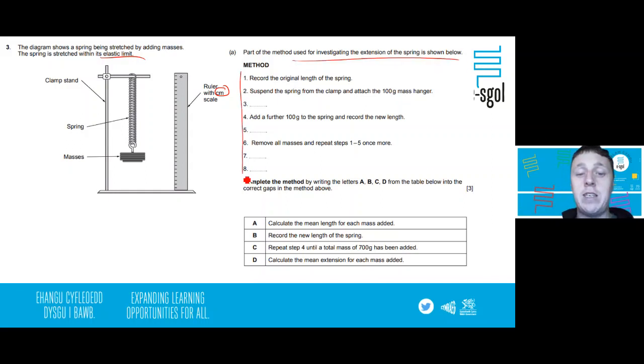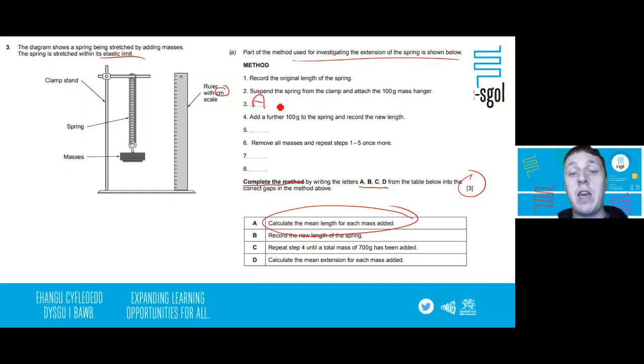So we have 8 steps, and for 3 marks we need to complete the number of steps using the letters A, B, C, D. So complete the method in bold by writing the letters A, B, C, D. That means don't attempt to write the statement, just simply write A or B or C or D. So let's look at our statements.